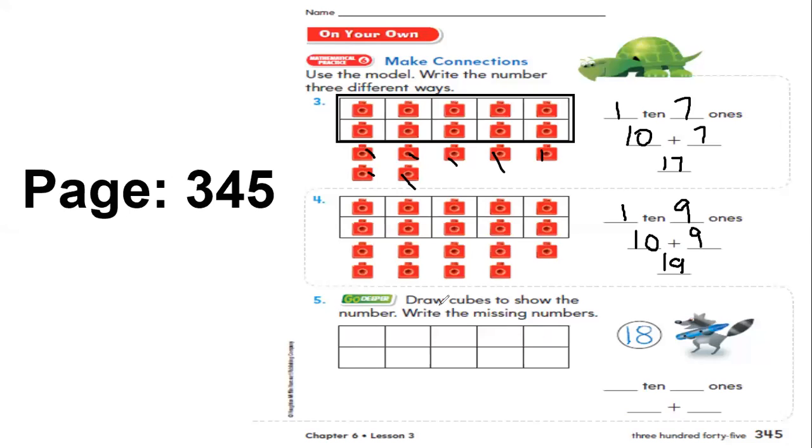Question number 5. Draw cubes to show the number, write the missing number. So we have the number here. As you can see, look, the raccoon has written the number. It is 18.